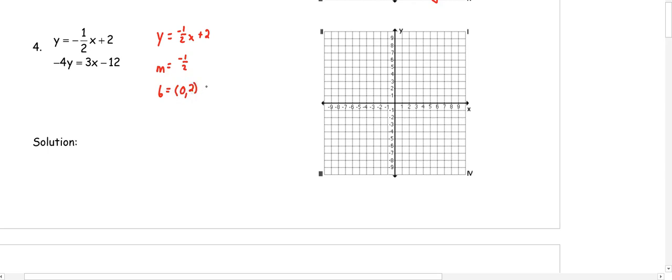I'm going to go to 0, 2 on my graph, and use my slope to go down 1, right 2. Then I'm going to connect my line.